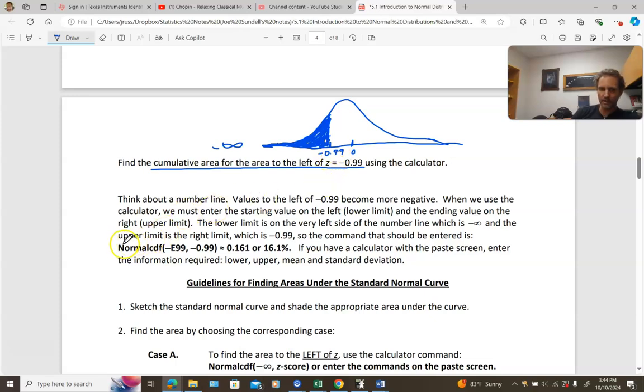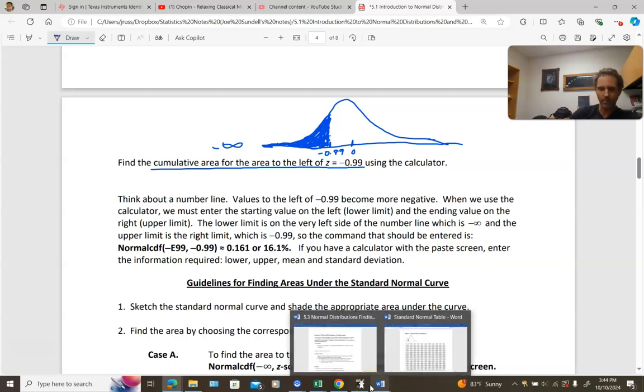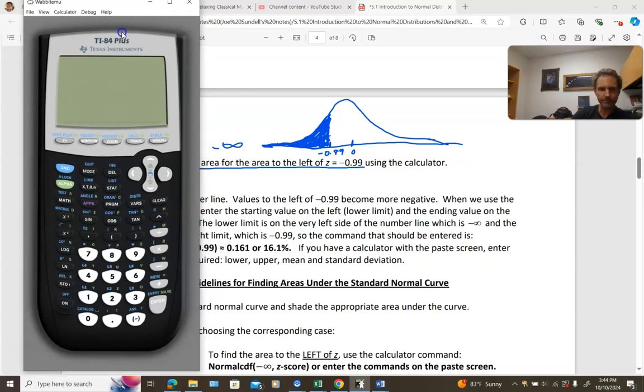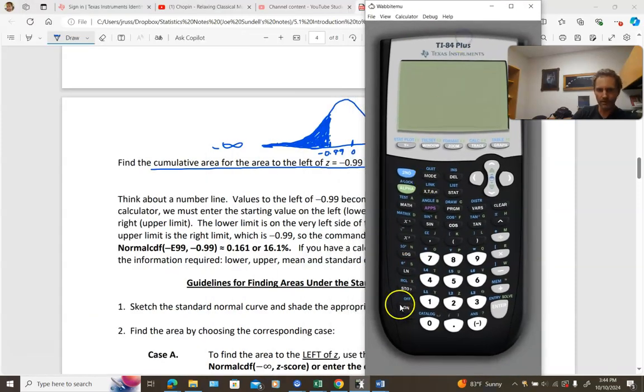There's a function in the calculator called the normal CDF, and I'm going to pull it up here for you. If you come over here to distribution, so you hit second and then the variable key, normal CDF. So this means the normal cumulative density function.